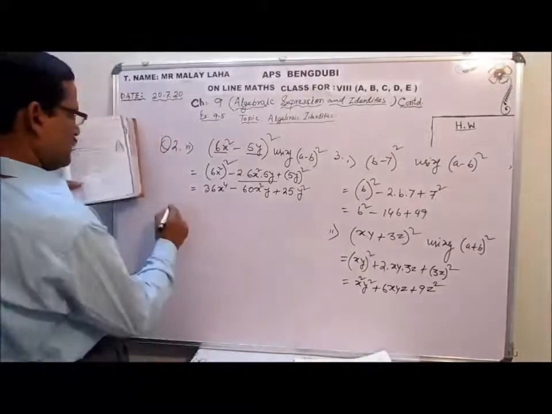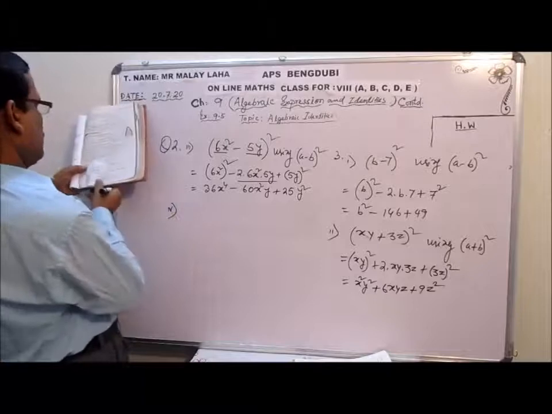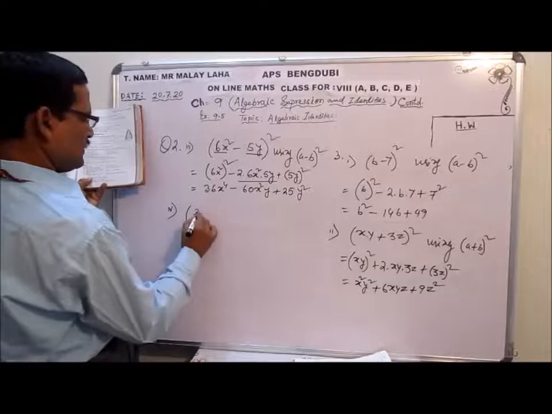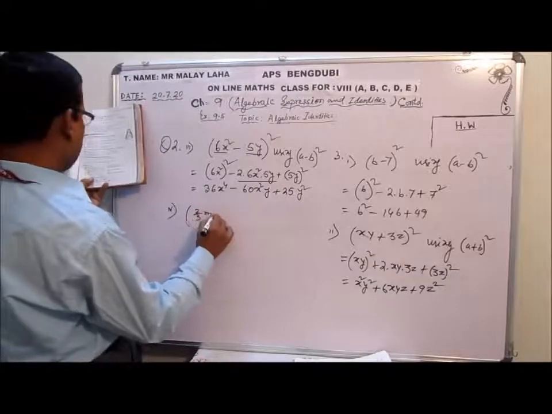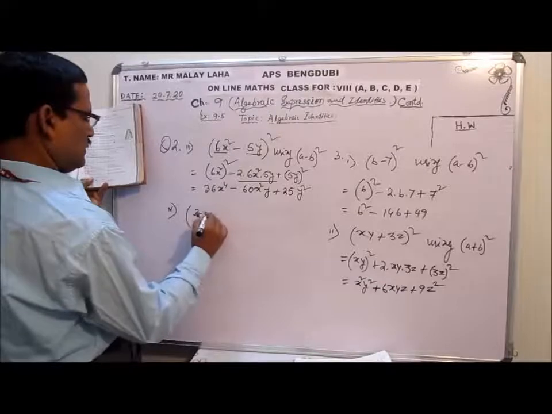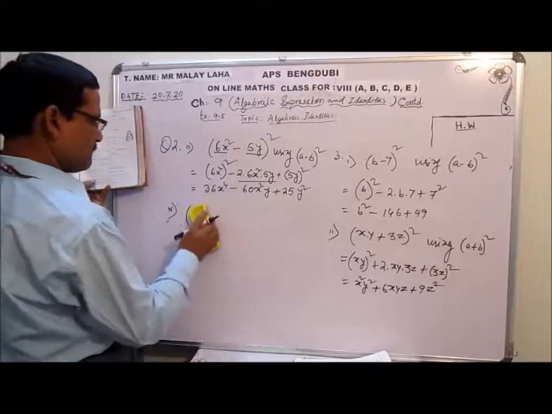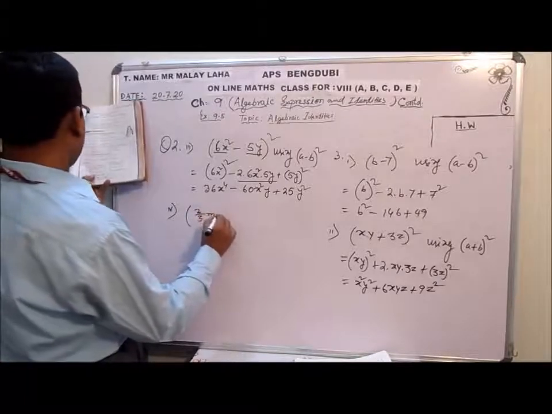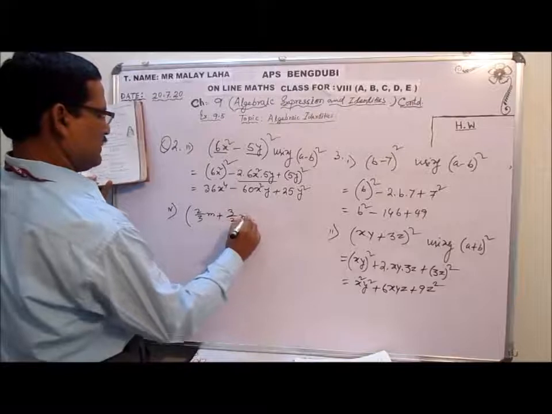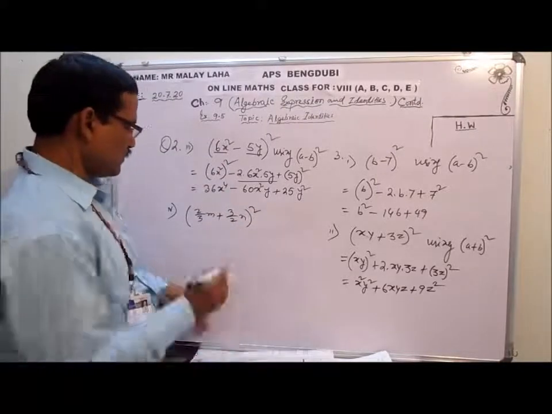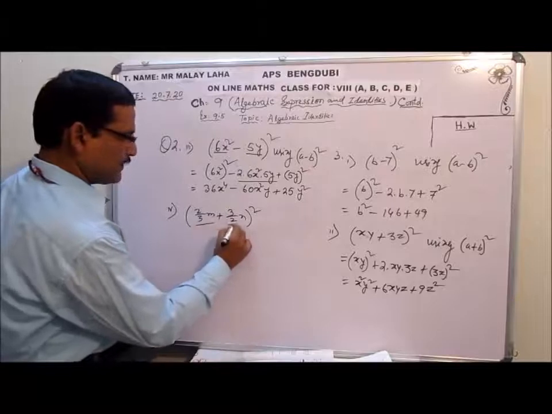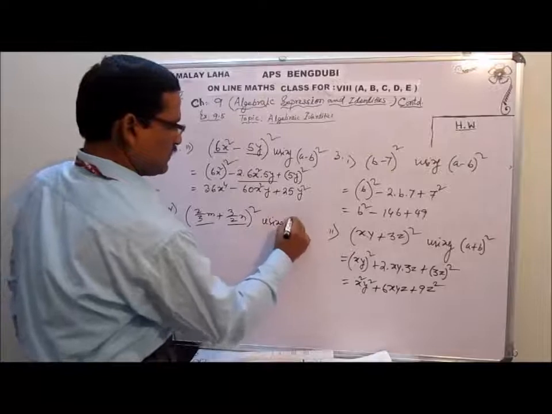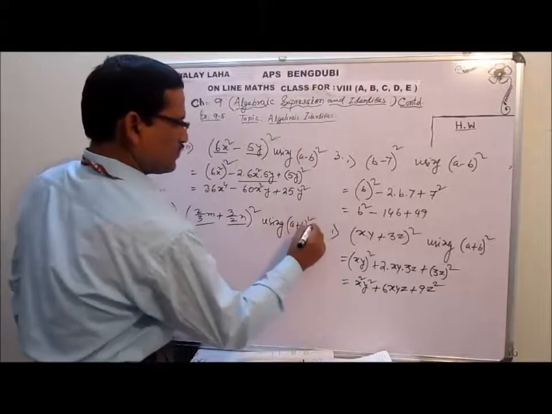Now coming to the next: (2 by 3 m plus 3 by 2 n) whole square. So this total part you have to treat as A, and this total part you have to treat as B, using A plus B whole square.